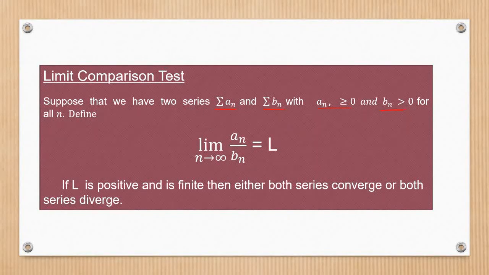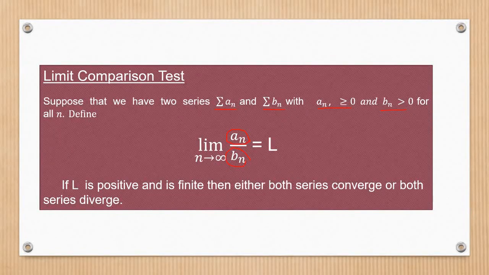An can be equal to 0 because it is in the numerator, but Bn has to be greater than 0 because it is in the denominator.